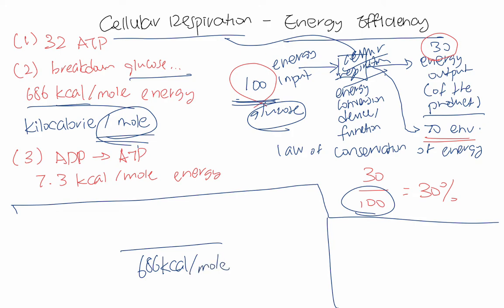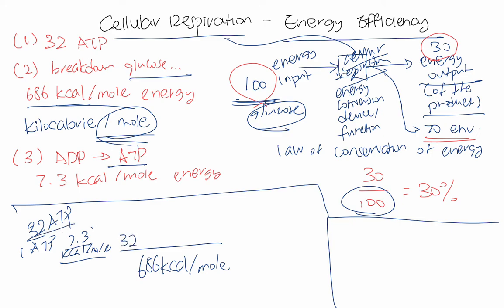Here then means that we have to put the output in the numerator. So, we know that the output was 32 ATP, output of the product that is. And we know that to make 1 ATP, we need 7.3 kilocalories per mole. So we can do 32 times 7.3 to calculate how much kilocalorie per mole we would need for 32 ATP.